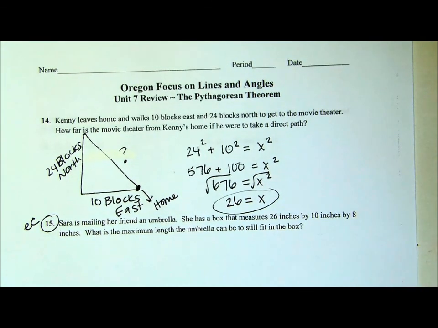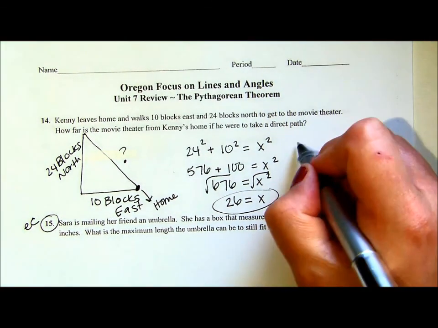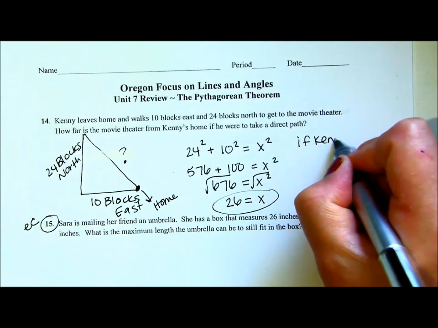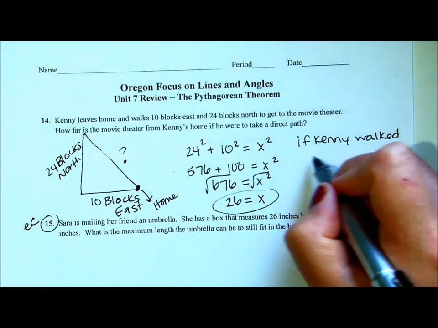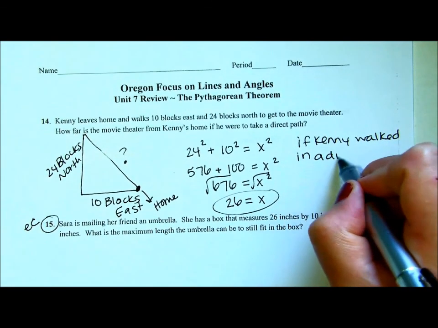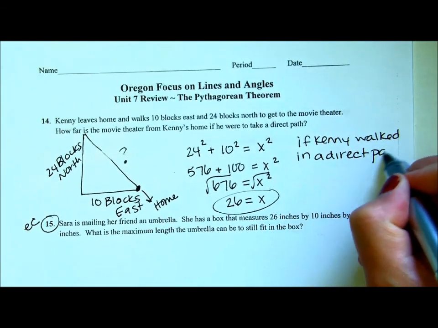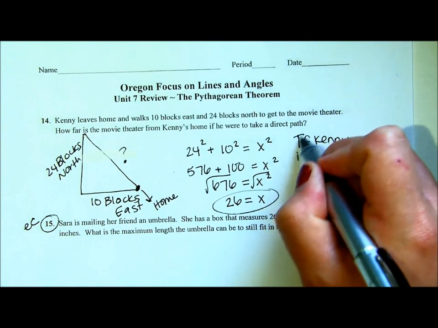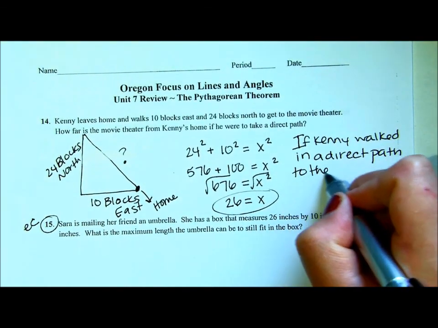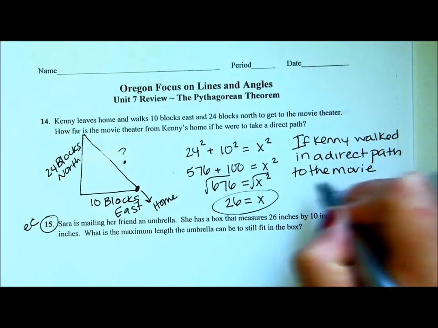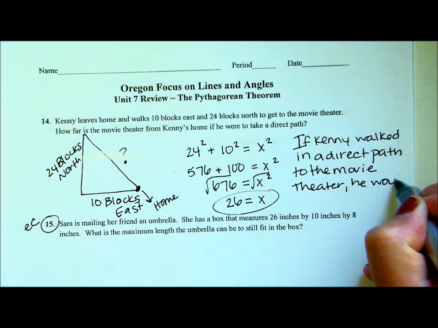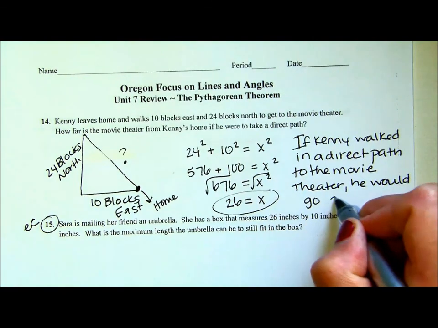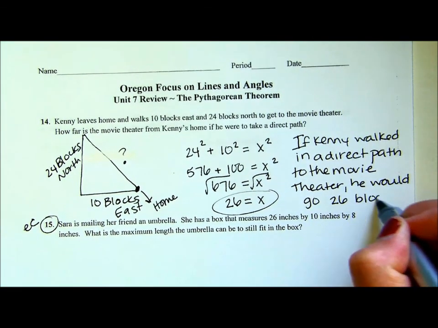So once again, we need words in our answer. So we would state, if Kenny walked in a direct path to the movie theater, he would go 26 blocks. Boom.